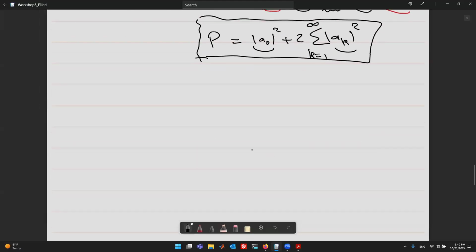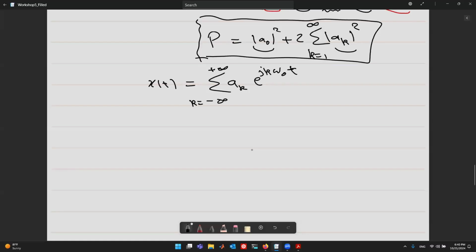We know that x(t), if we want to represent it using Fourier series in terms of those Fourier coefficients, is written this way: the sum from minus infinity to plus infinity of a_k exponential j k omega naught t.